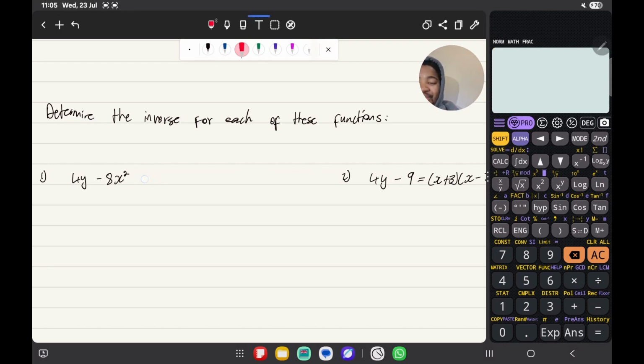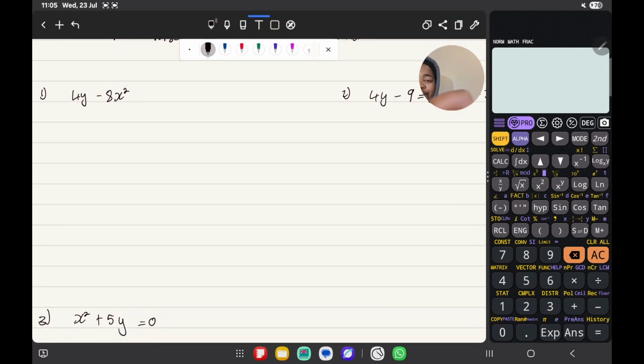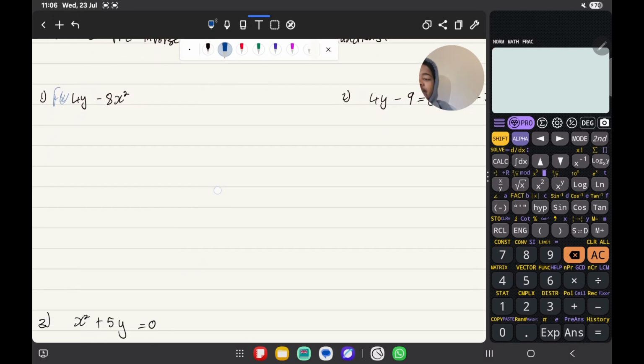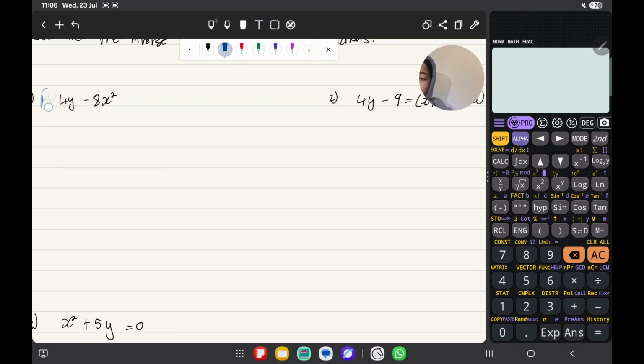Say for example you have this function, f of x. When you try to find the inverse, you could write x as the subject of the formula.